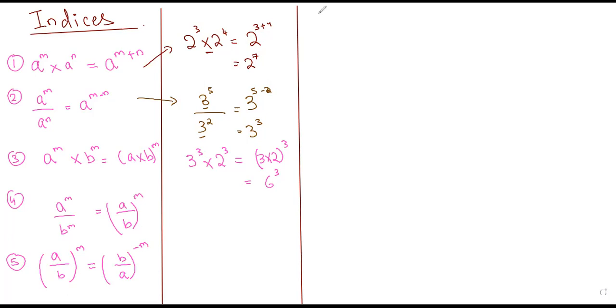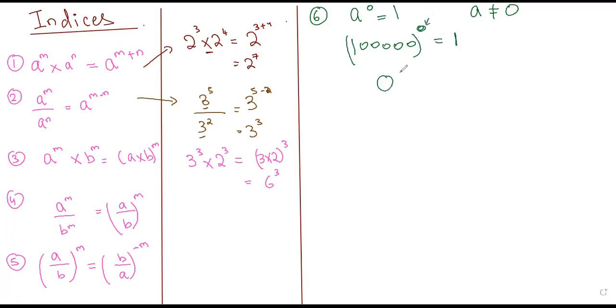let's talk about some more rules. Sixth one is basically a to the power 0 is 1 for a not equal to 0, right? This means that if you have 1 lakh to the power 0, that would be 1 because the power is 0.